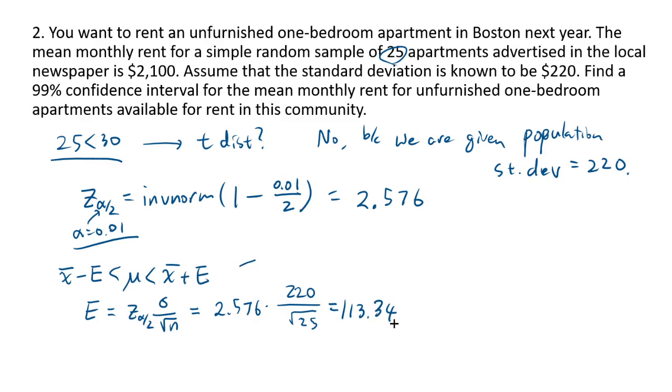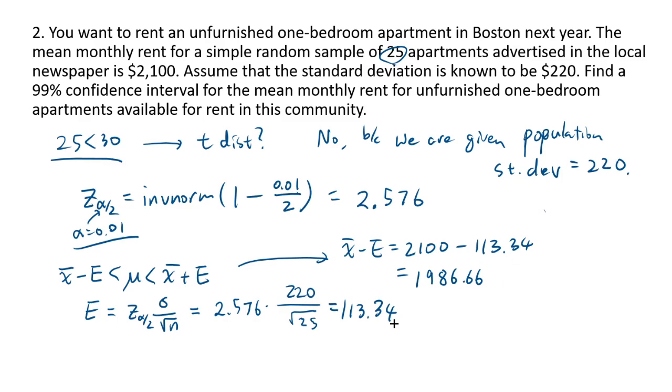And then now we know what x bar minus E is. That's 2100 minus 113.34, and that's going to be 1986 point, I guess 66.